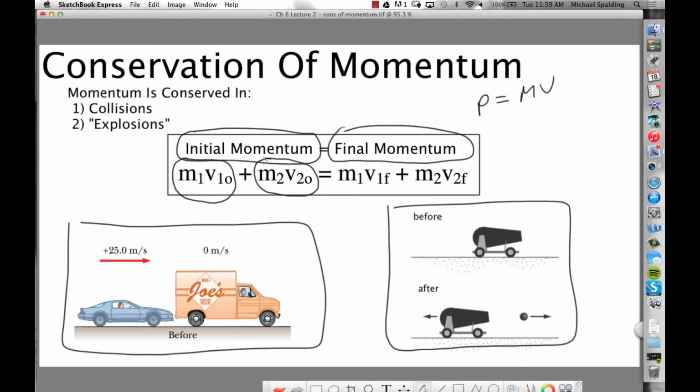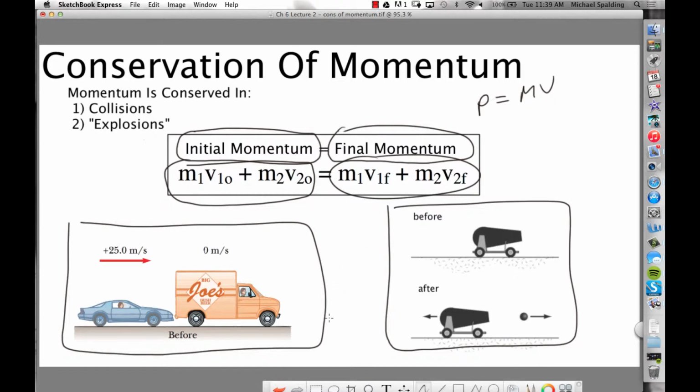The initial momentum of object 2. You add them together, it's your total starting momentum before the collision or the explosion. And then the right side of the equation, you have M1 V1 final, the final momentum of object 1, and then M2 V2 final, the final momentum of object 2. Initial momentum equals final momentum.